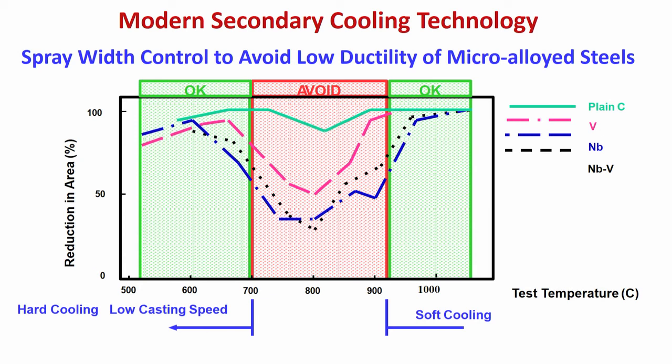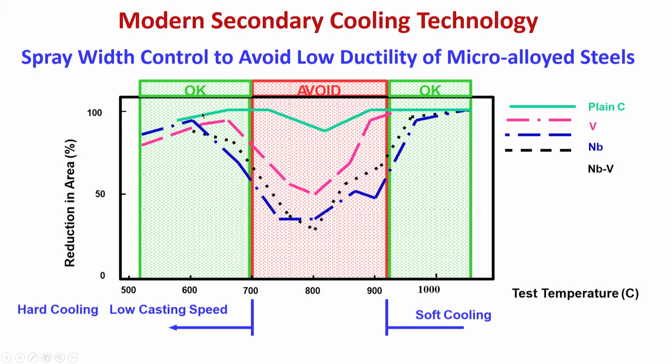That means we have to see to it that when the strand is getting cooled with the help of secondary cooling, we avoid this temperature region from 700 to say 900. Above 900 to 1000 it is okay, because the ductility level is high.